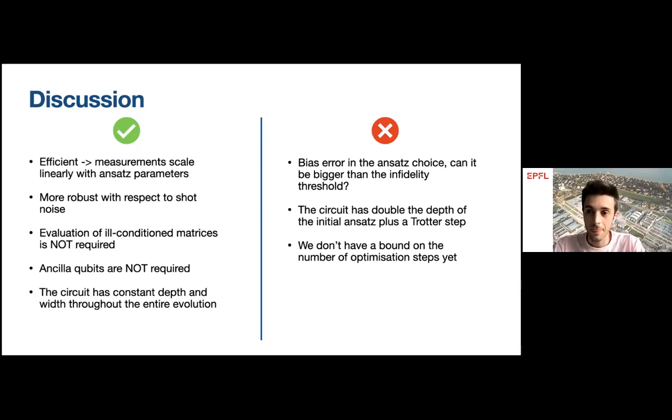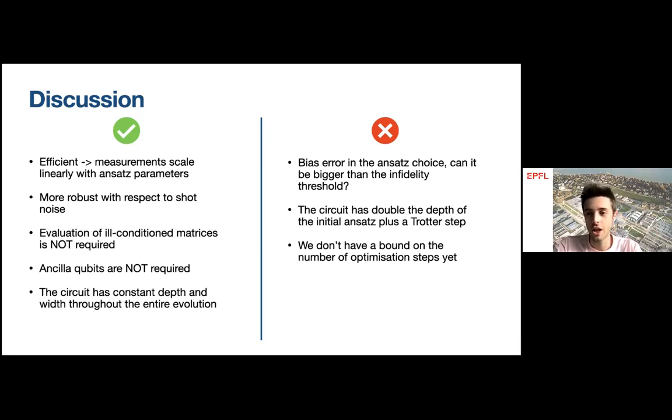Also, to measure the overlap, we have to double the depth of our circuit. So we are limited in the depth of the ansatz because we have to consider 2 times the ansatz plus a Trotter step. And we don't have a bound on the number of optimization steps.